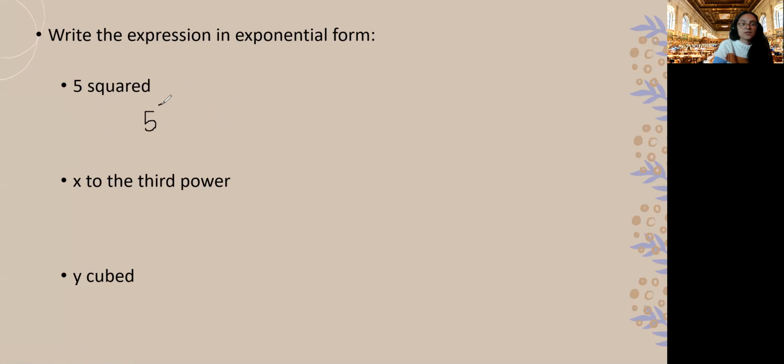Squared is going to mean 2, and then cubed is going to mean 3. Okay, so moving on to our next example, x to the third power. So I know x is going to be my base, and to the third power tells me that we're going to have a 3.